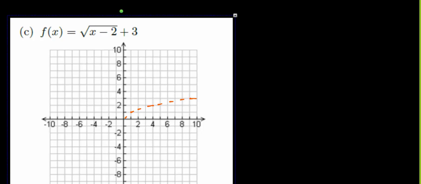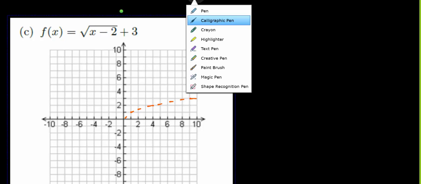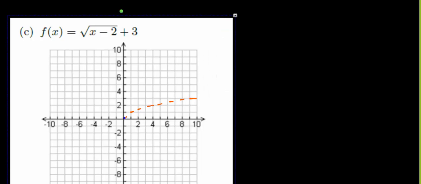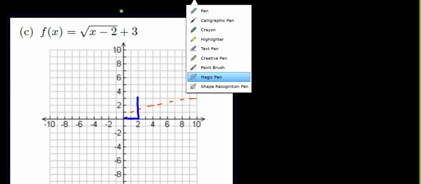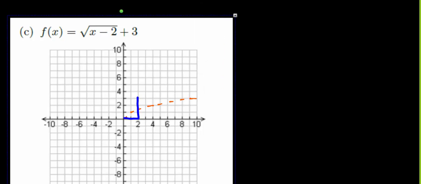Now this one is being moved to the right. See, because inside the square root is the -2. So we're moved to the right. And then we're shifted up 3. So let's see how that works. So this one is going 2 to the right and up 3. Yeah, right there. Okay.